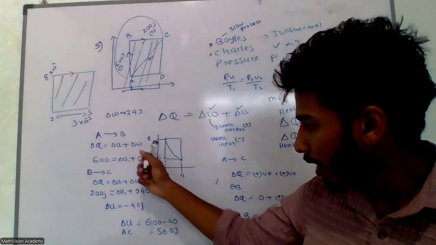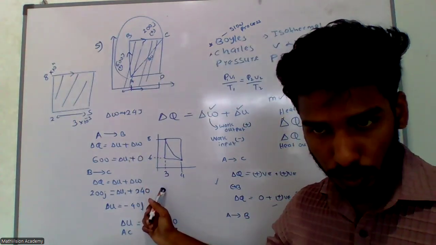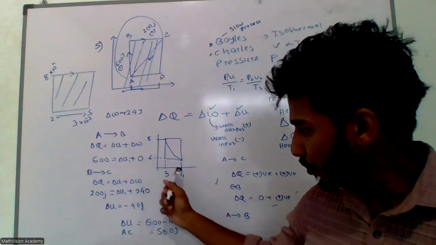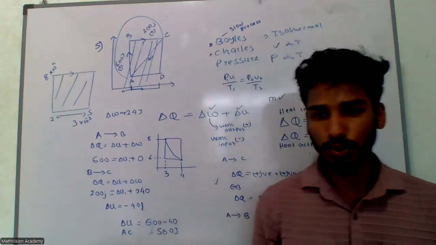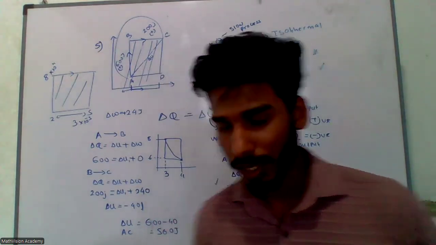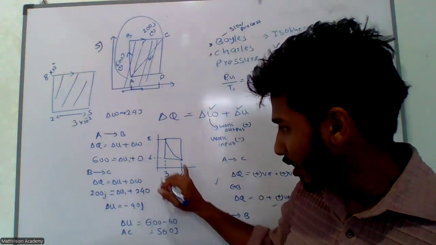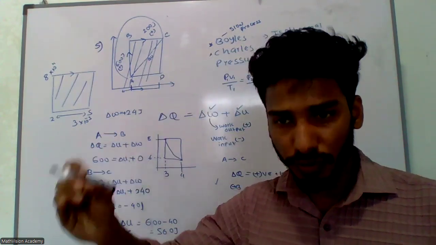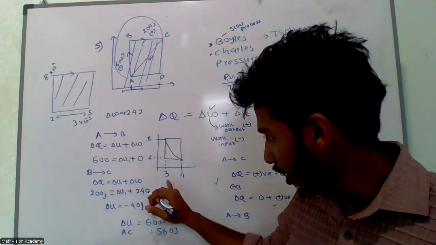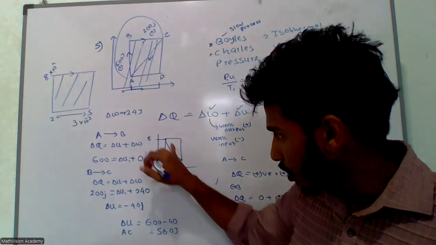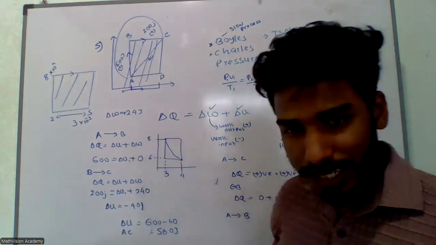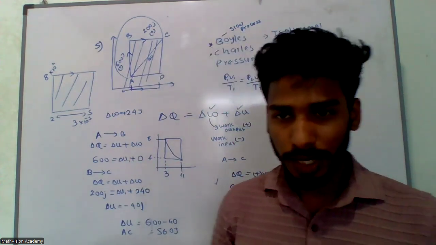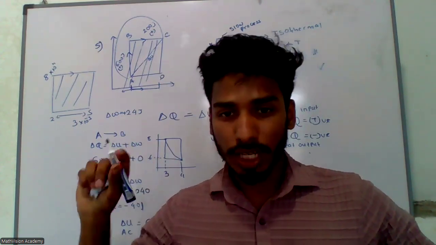If you multiply 8 into 3 is 24 joules, 6 into 4 is 24 joules, okay? So you should understand the PV product is the same. You are getting the same answer 24. 8 into 3, 6 into 4. PV product at A and B are the same. Okay? Which means it is an isothermal line.